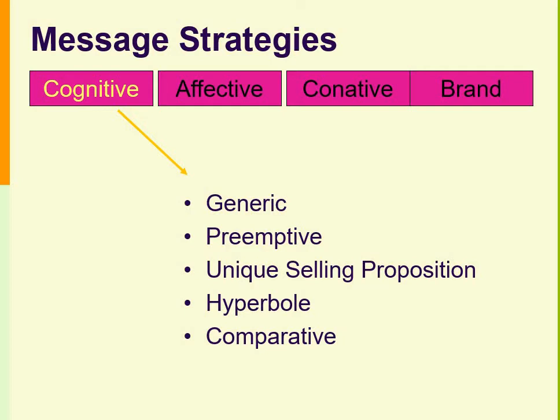As far as the unique selling proposition is concerned, you must be thinking what the difference is between preemptive and unique selling propositions. In the unique selling proposition, we come up with a unique selling benefit projected to the consumer audience, but we do not have any approach of preemption.